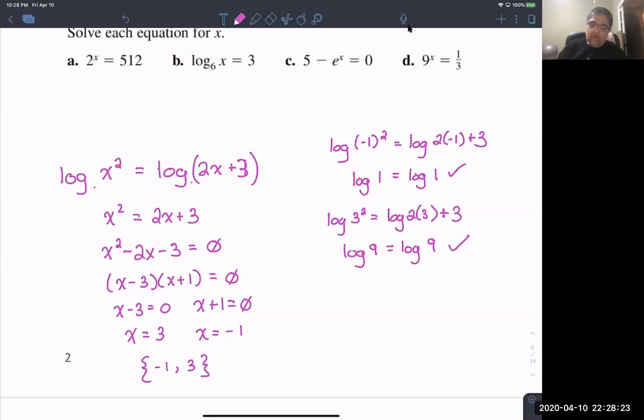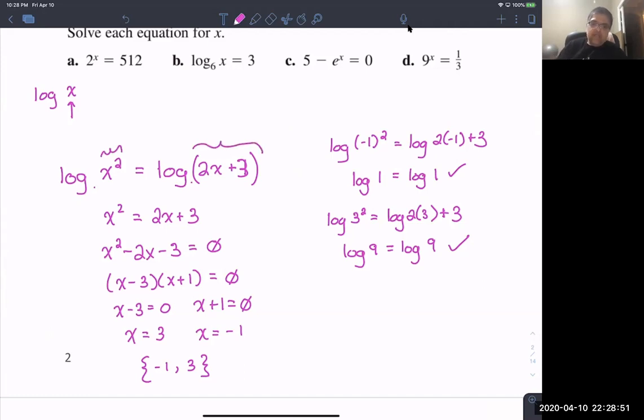And if you have a quadratic type problem with 2 or more results, you have to check and verify each one is a true statement. Moreover, remember, what is the property of my logs? Remember, this portion cannot be negative. So if I end up getting an answer that makes this portion of my logarithm negative, I have to throw that answer out.